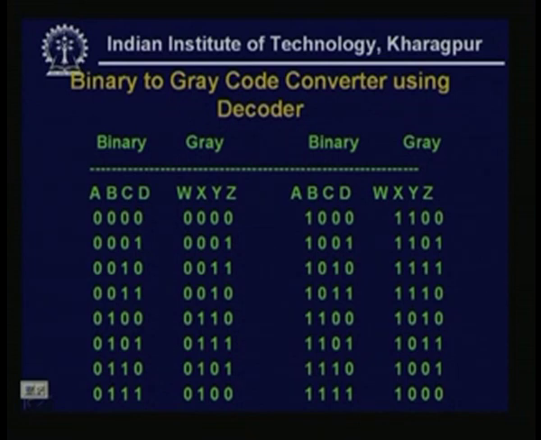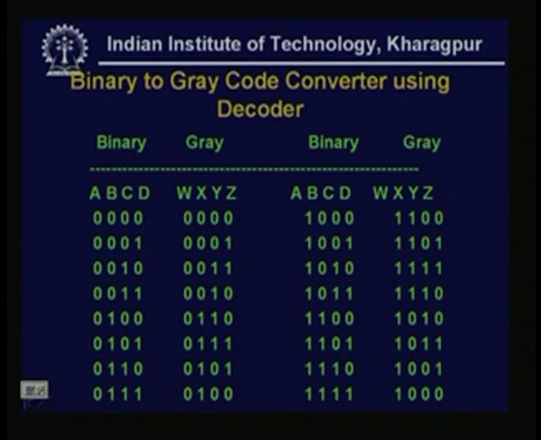Now, there are many other fundamental circuits: decoder, multiplexer, encoder, demultiplexer. One such example where the decoder can be used as a basic building block is the binary to gray code converter.